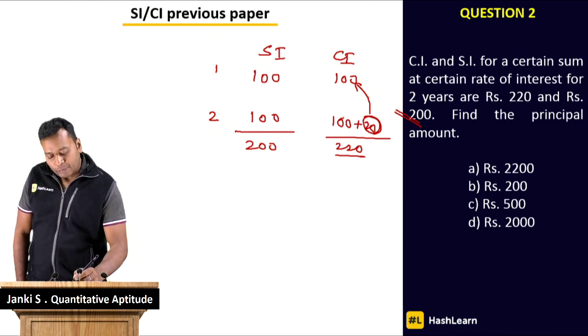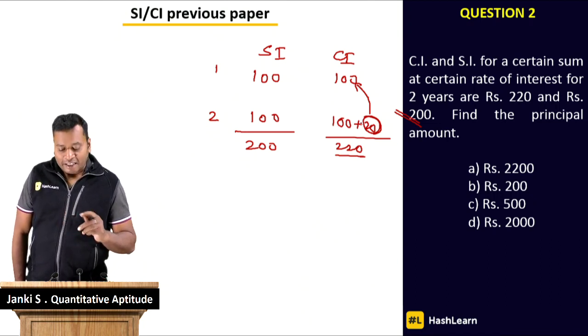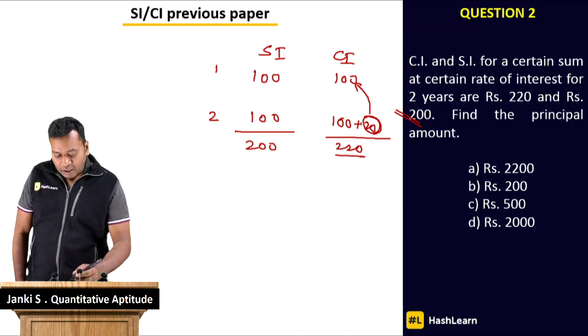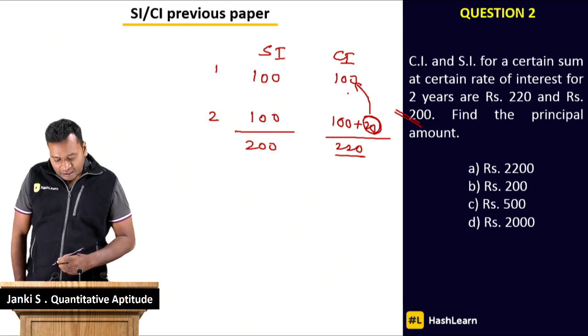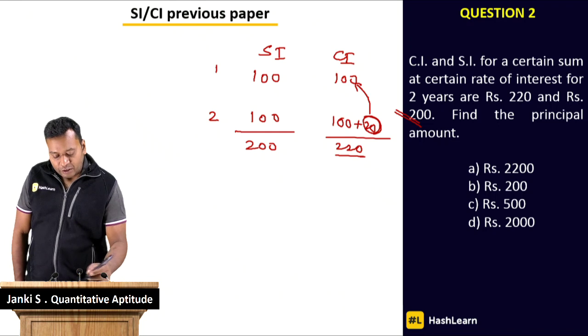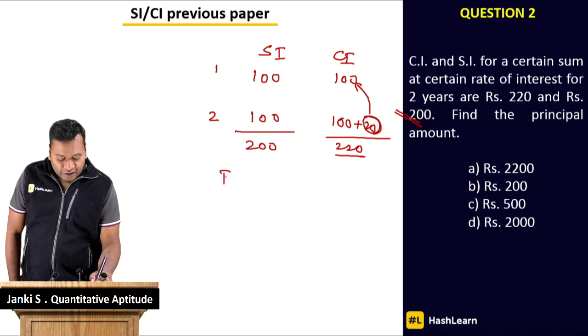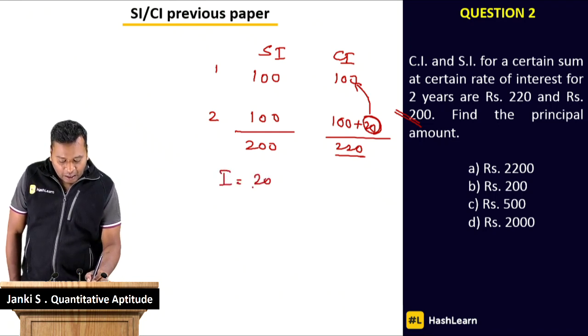Because ये तो प्रिंसिपल वैल्यू पे आ रहा है, जो भी एक्स्ट्रा आ रहा है that is the interest on the interest part. So I have an interest of 20 out of 100. If I have an interest as 20 out of 100, then what will be my value now? What will be my rate of interest here? My interest here is nothing but 20 out of 100. That represents 20% is my rate of interest.